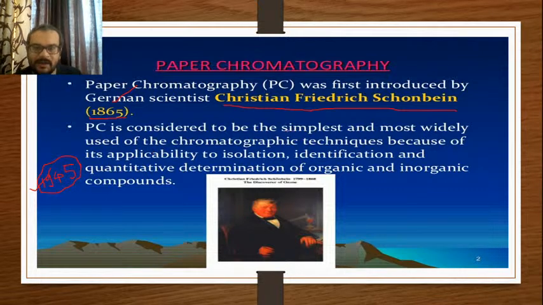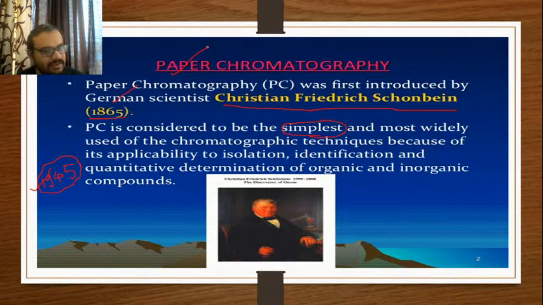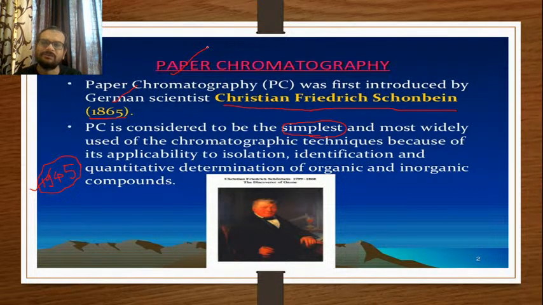But paper chromatography requires the simplest analytical instruments. As the word suggests, paper is the stationary phase used. Simple solvents are used, also for the solution purposes, and a simple saturation chamber. This suffices for paper chromatography, and that's why it has a simple way of instrumentation.